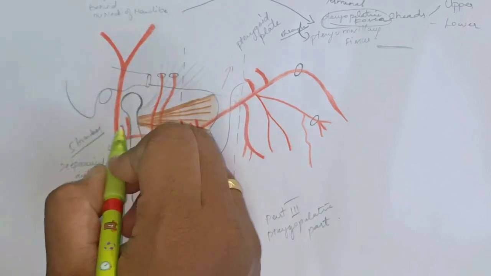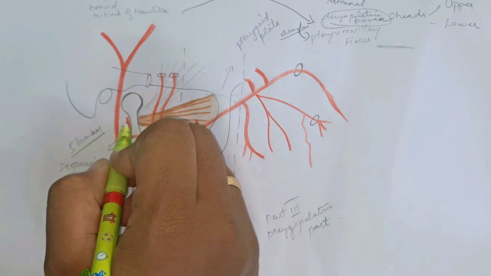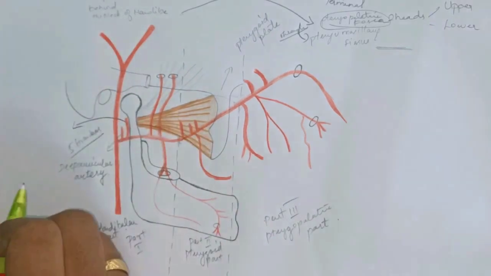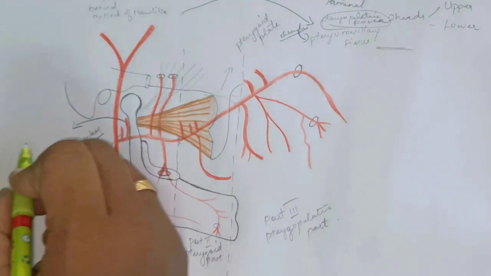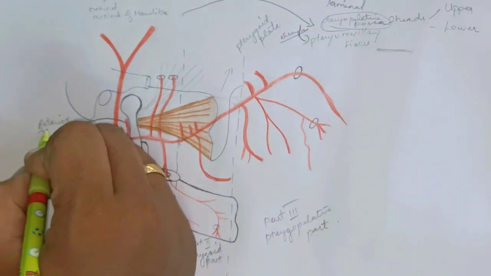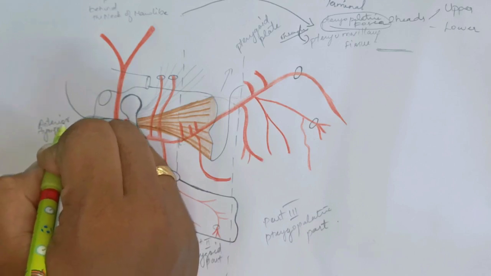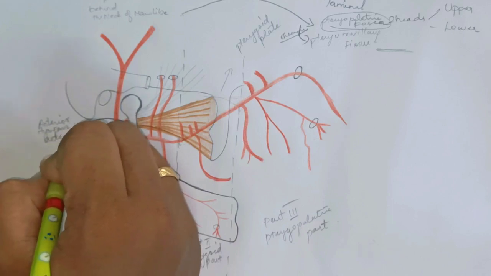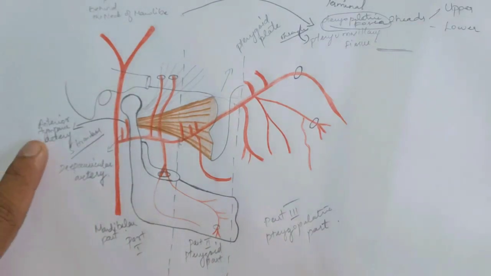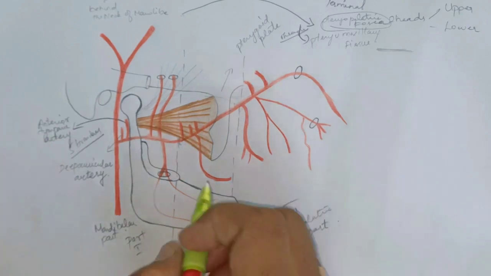Here your tympanic membrane will come, and the second one is your anterior tympanic artery. As the name indicates, it supplies the tympanic membrane. The first one, your deep auricular, supplies the external acoustic meatus and its skin, and the second one is your anterior tympanic artery.